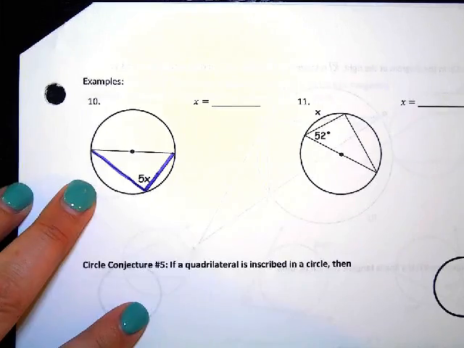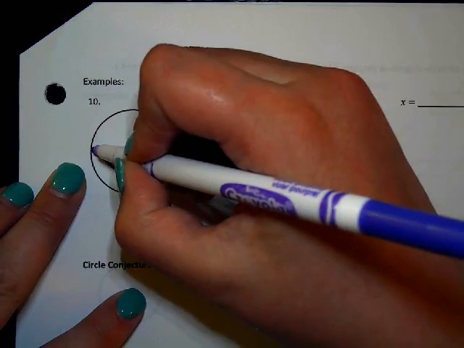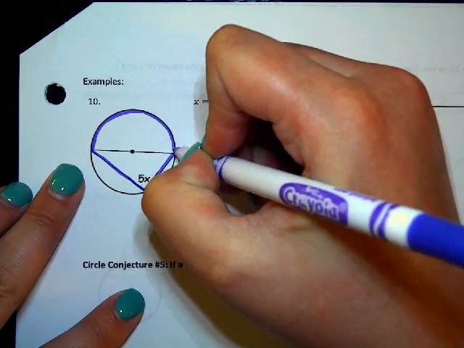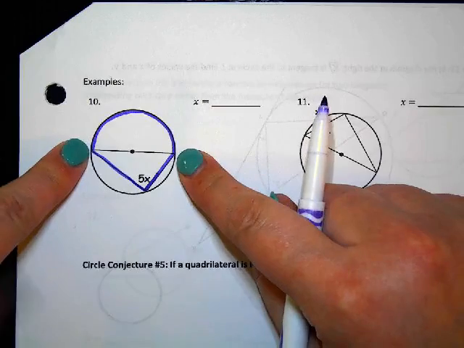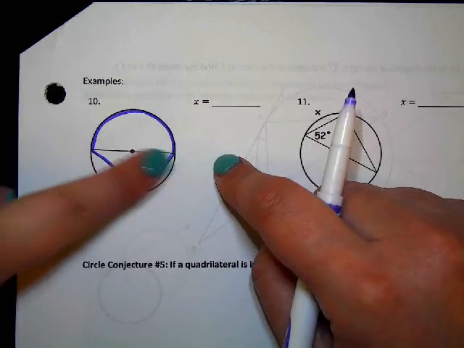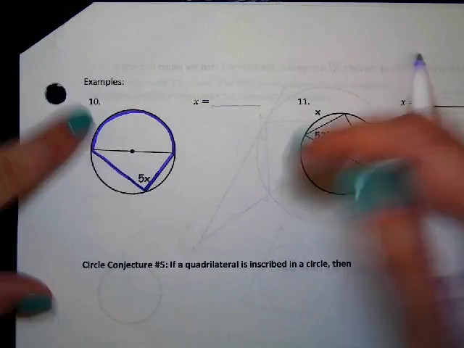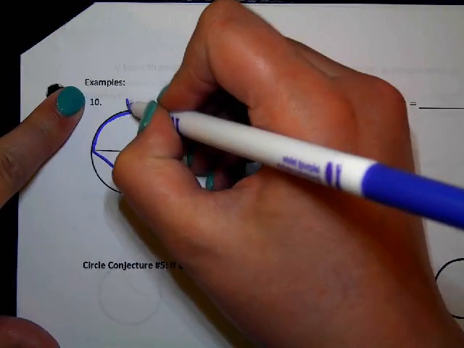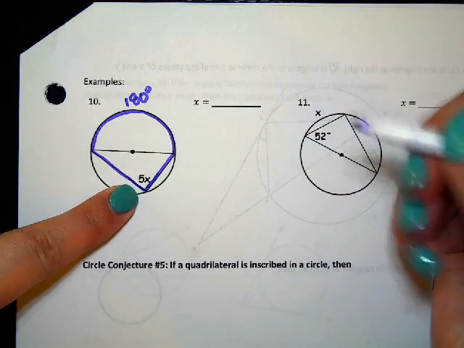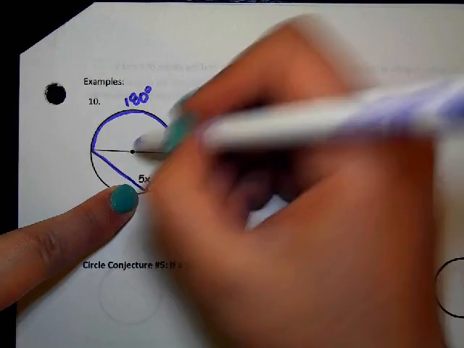I can see that the arc that goes with that angle is half of the circle, and I recognize that because I have this line that goes across through the center. Whenever that happens, I know they're showing me it's half the circle. So that means this is 180, which means that the angle that they showed me, the 5x, equals what? 90. So even if you don't memorize that conjecture, we're still using it regardless.